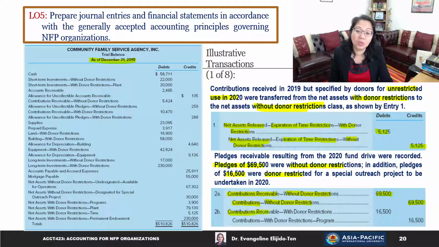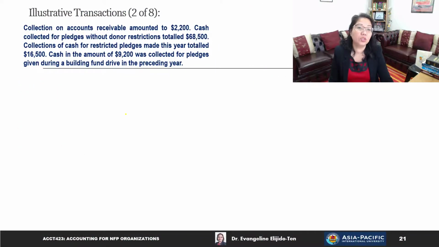For the contributions receivable with donor restrictions, we have 16,500, and the credit would be to contributions with donor restrictions program because it's for a special outreach project for 16,500. All right, let's move on to the next.